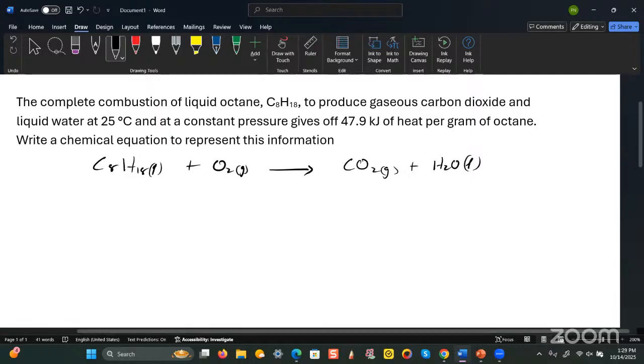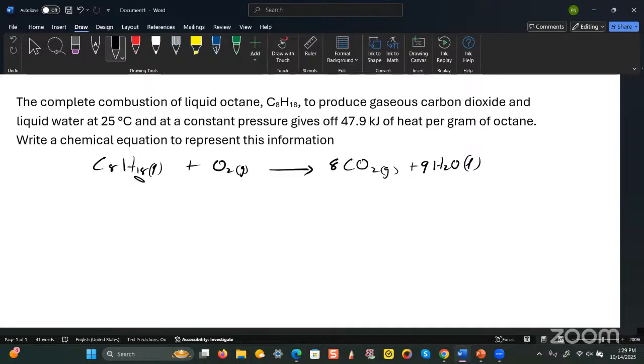So put an 8 in front of the CO2. Anything else? 4 in front of H2O. 4? Sure about that? How many hydrogens do we have on the left side? 18. So what would you put in front of the H2O? 9.